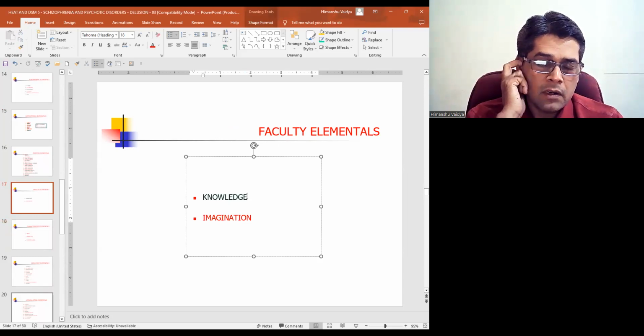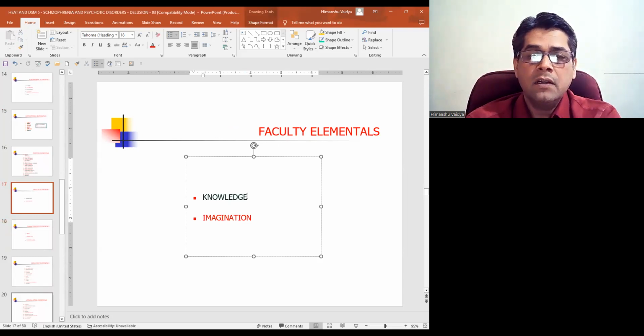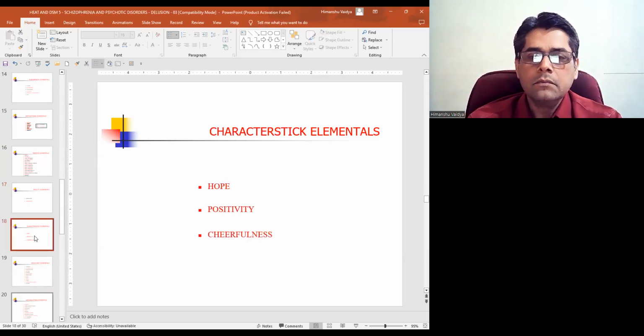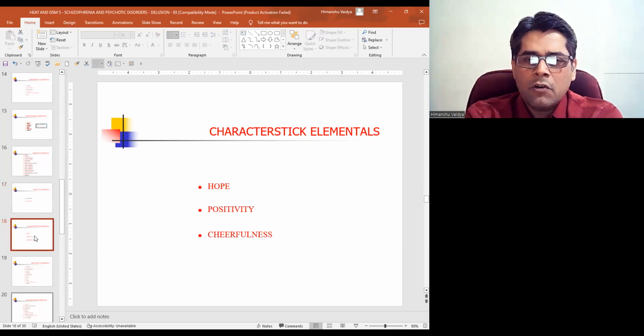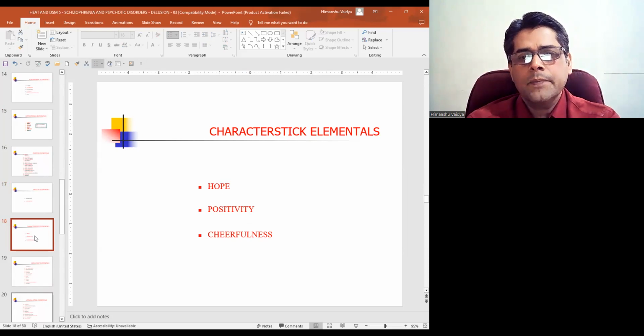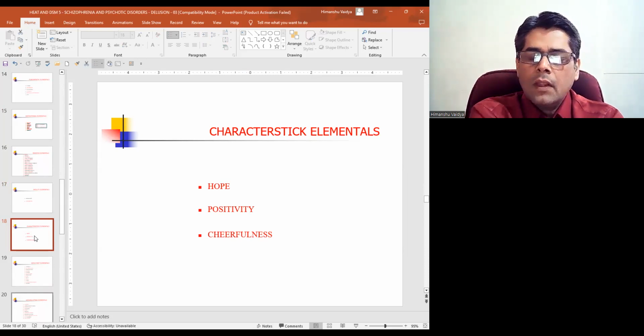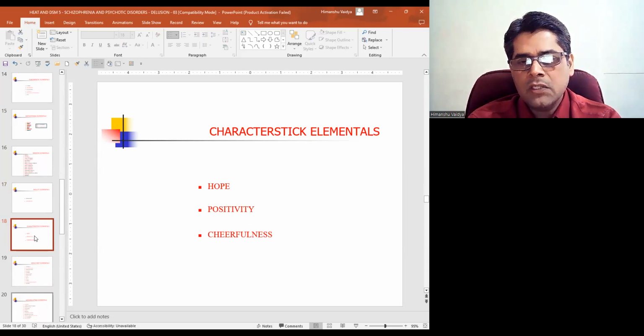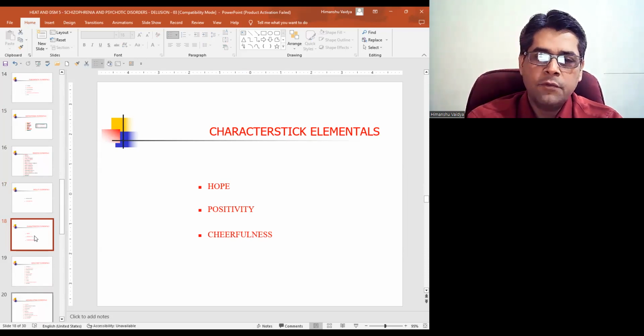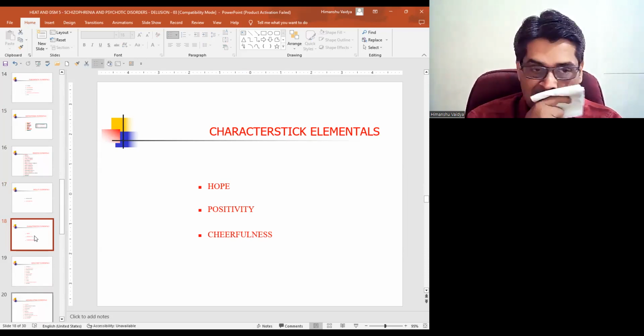It's a very important variable, but we are dealing with a Bjornian situation of minus K. These 3 elements also are very important, always relevant. And of course, there is a continuum, hope to no hope, positivity to negativity, cheerfulness to gloom.